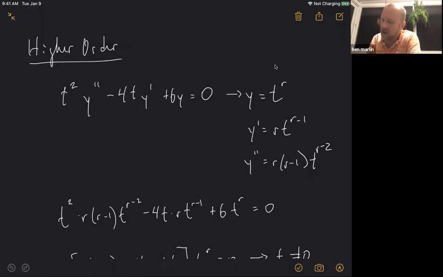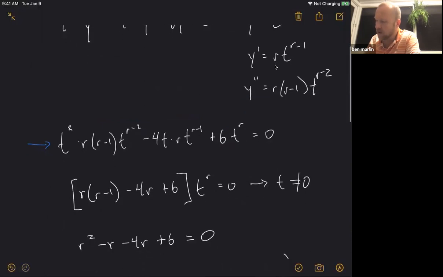So if we start with something that is an equidimensional equation, we can make this guess that y is going to be equal to t to the r. We can take the two derivatives here and then plug them in. So if you plug those in, you can see that you are getting a t squared to go with the t to the r minus 2, and a t to go with the t to the r minus 1, and then of course a t to the r that just kind of hangs out there, right?